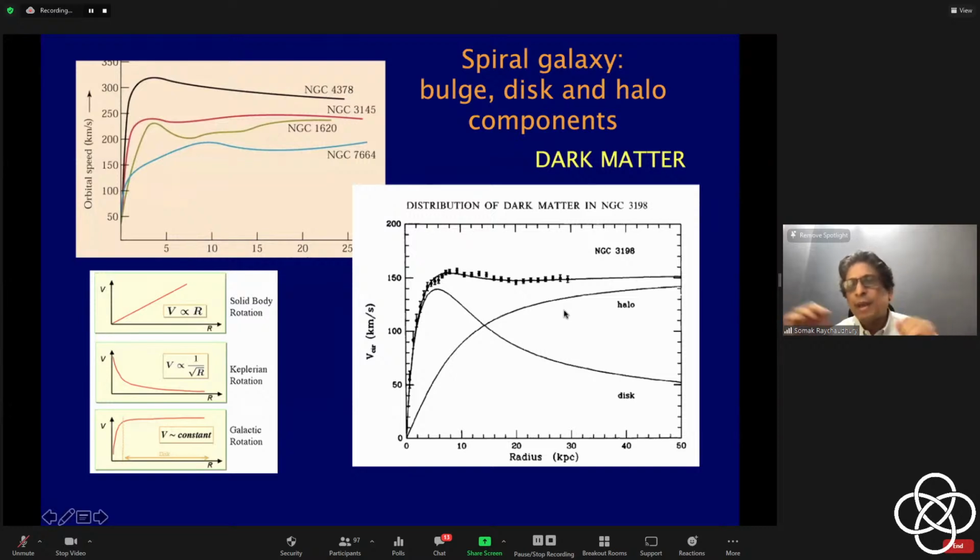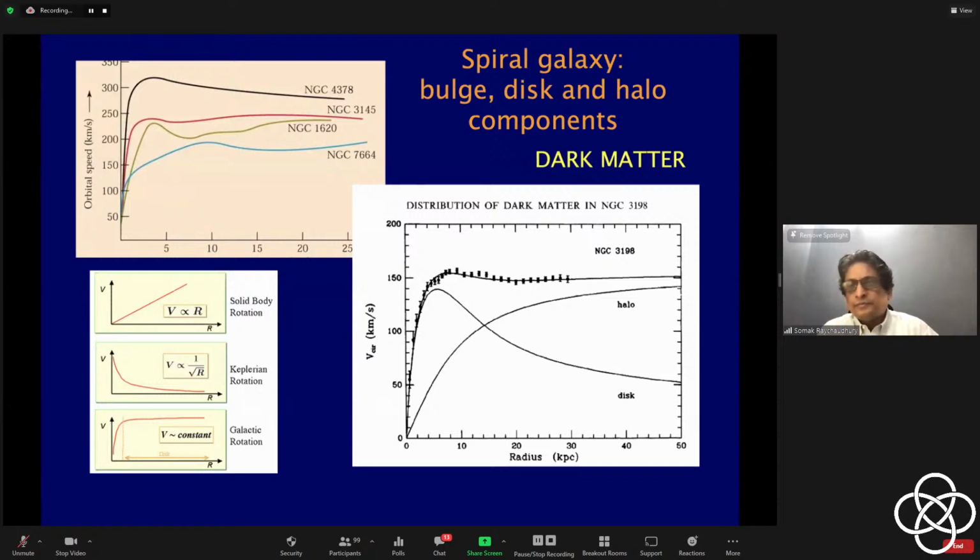And one can map out the dark matter to very far away from the centers of galaxies using test particles. One of the test particles I talked about was the neutral hydrogen that is emitted and detected in the radio, 21 centimeter. And that is bound to the galaxy, but it stretches out to much larger distances than the stars.